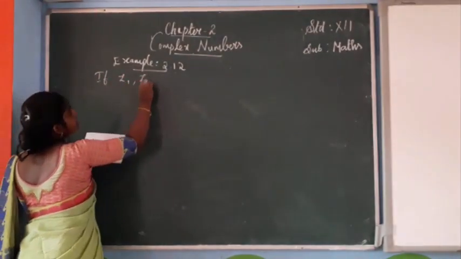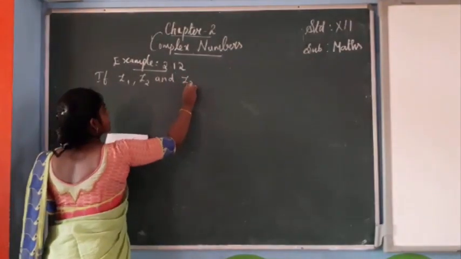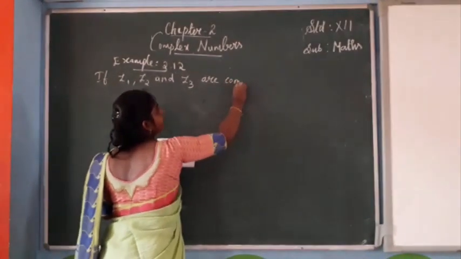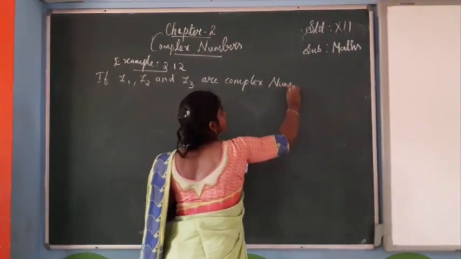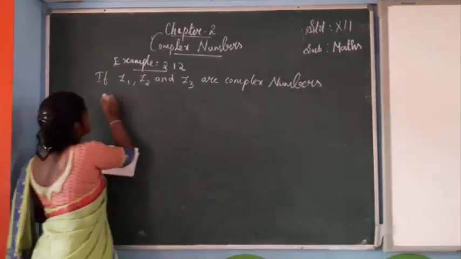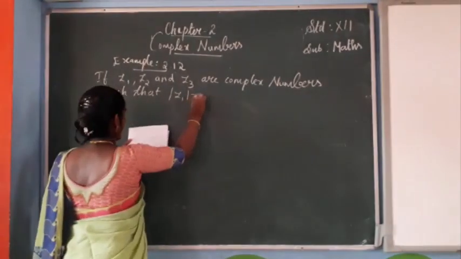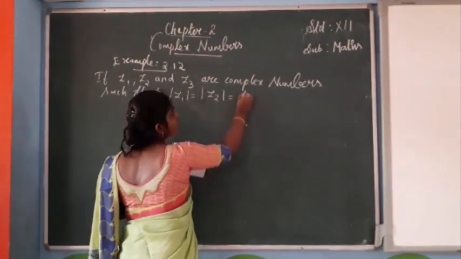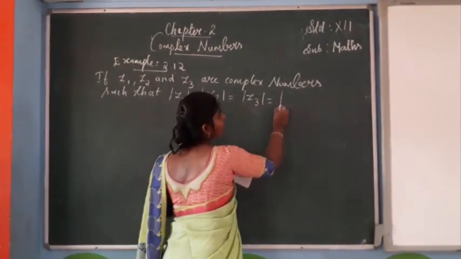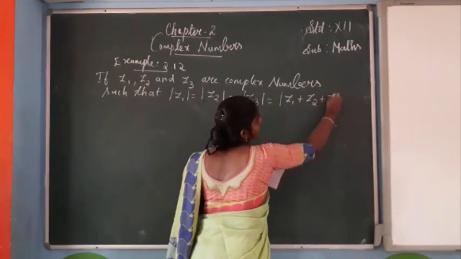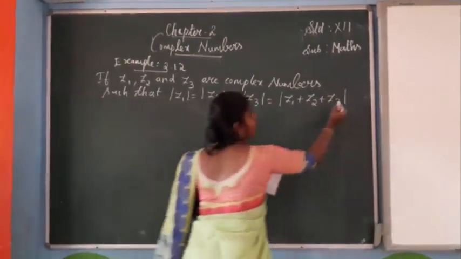Example 2.12. If Z1, Z2 and Z3 are complex numbers such that modulus Z1 is equal to modulus Z2 is equal to modulus Z3 is equal to modulus Z1 plus Z2 plus Z3 is equal to 1.